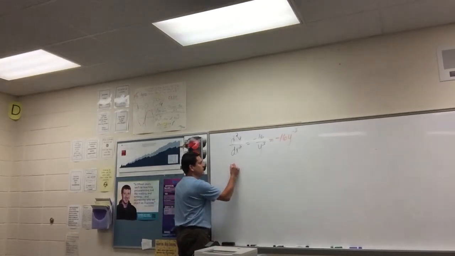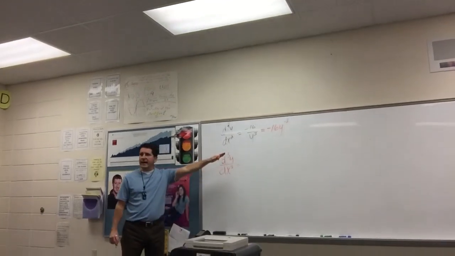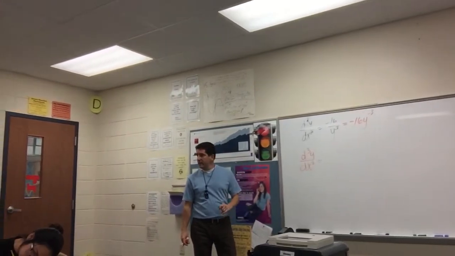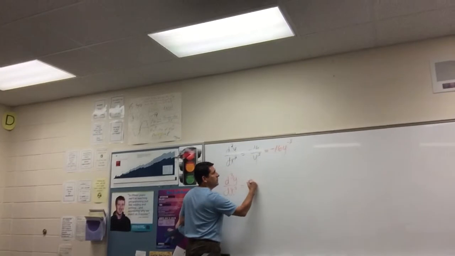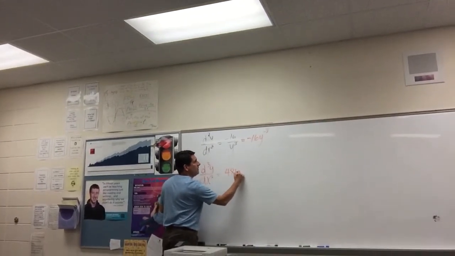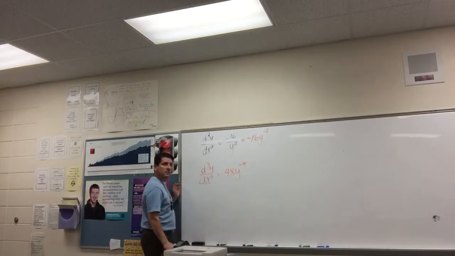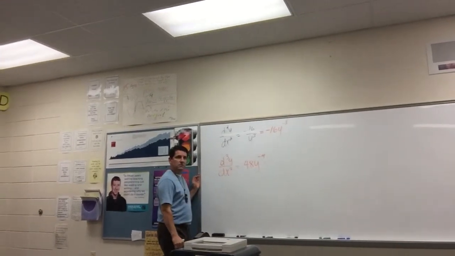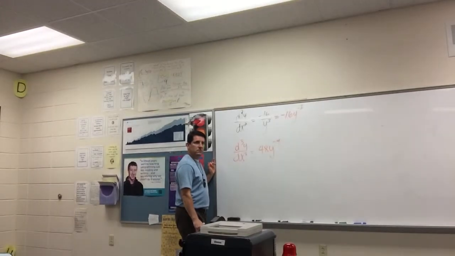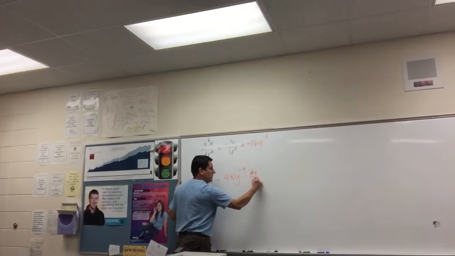So this means that d cubed y over dx cubed is equal to the derivative of that, negative 16y to the negative 3. Which is equal to, what do I got? 48y to the negative 4 multiplied by the derivative of y, which is dy dx.